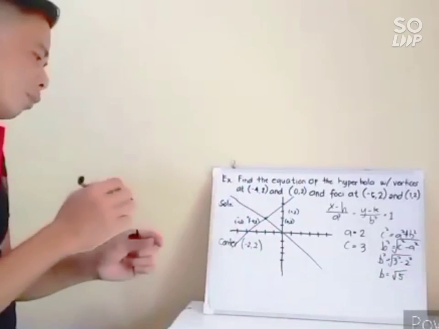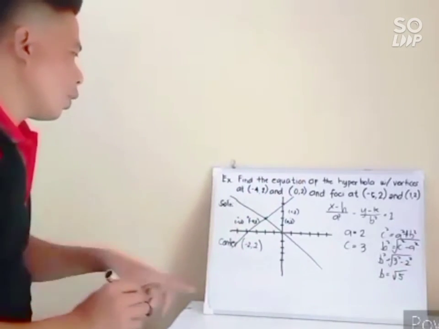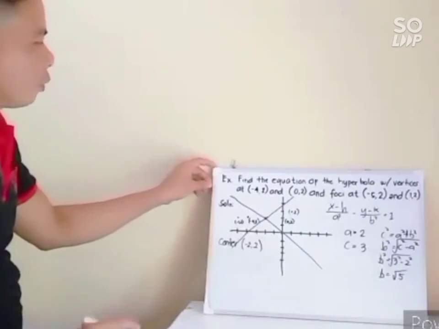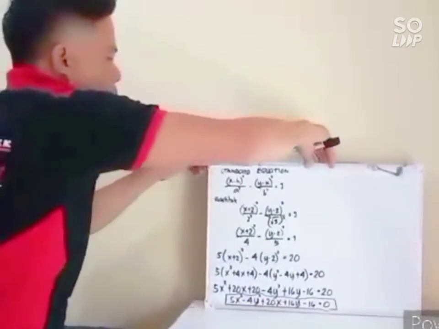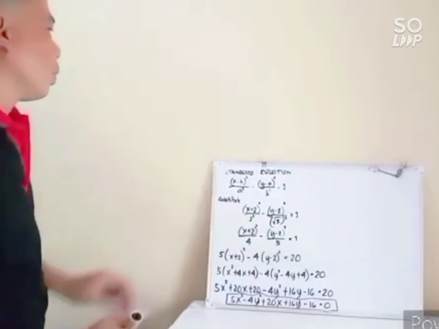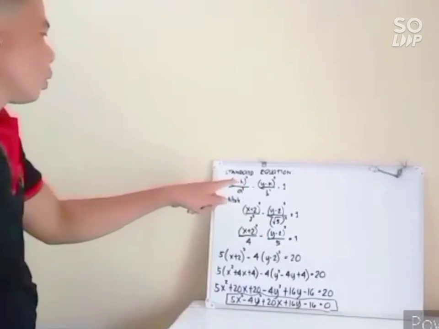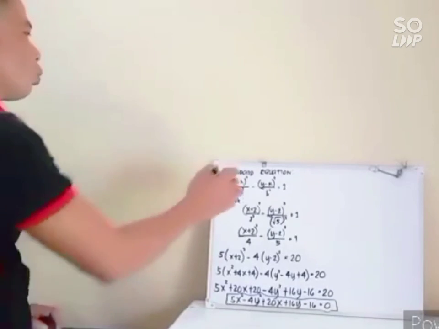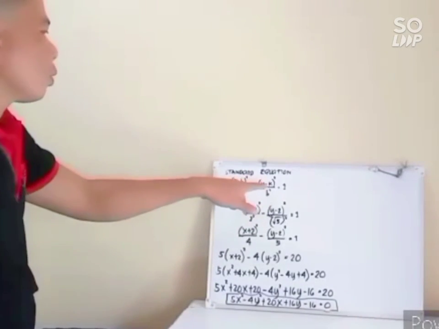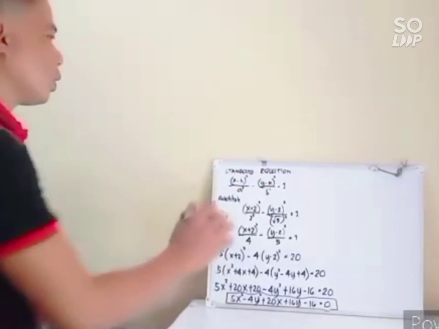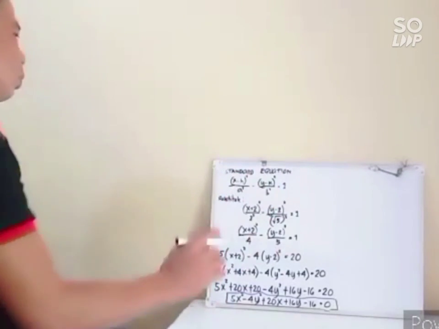So we have our b, and then we have our center, negative 2 and 2. So let's proceed to the next step. Using our standard equation, (x minus h) squared over a squared minus (y minus k) squared over b squared equals 1, we just substitute.